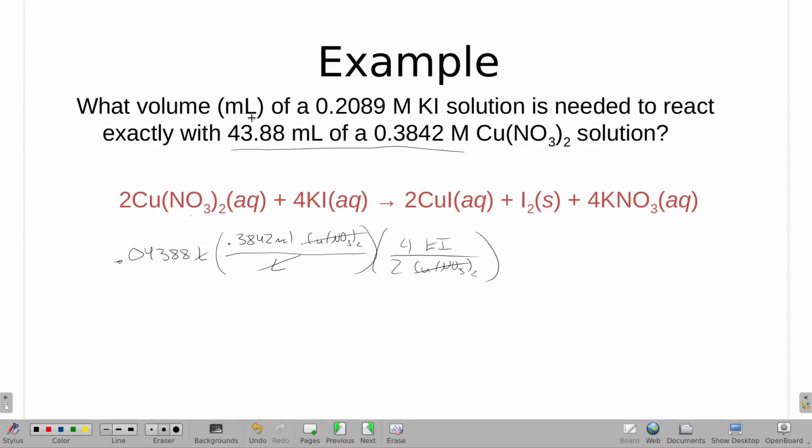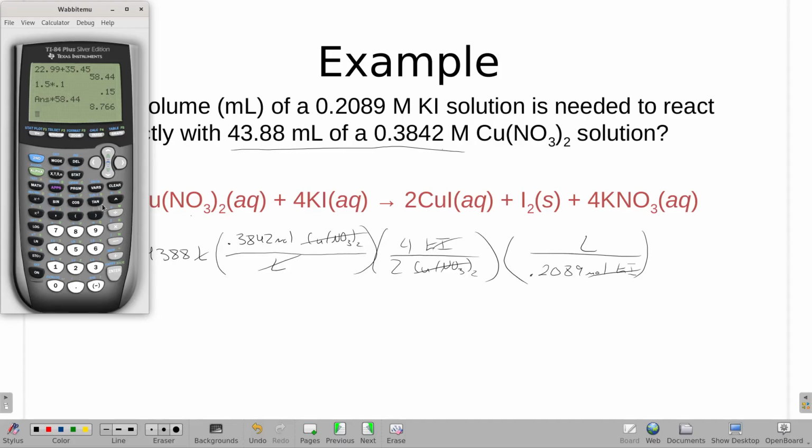We actually want volume. So we're going to take this molarity and invert it, because that's now moles of potassium iodide per liter. Now the moles cancel. If we go straight across there, we'll be left with the liters of the potassium iodide solution we want.